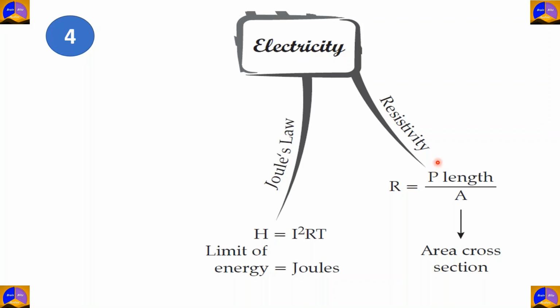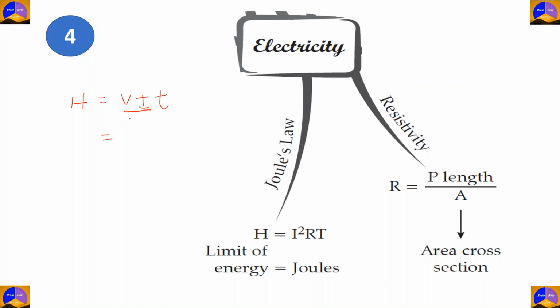Let's jump towards Joule's law of heating. According to Joule's law of heating, the heat emanated by an electric circuit is described by the formula H is equal to VIT. Now, V stands for potential difference, I stands for the electric current, and T stands for time.